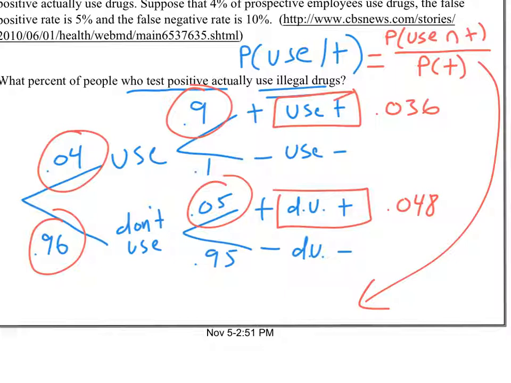Those two numbers together, that needs to form the bottom. And now on the top, I just need the individuals that fit both. Just the individuals that fit both, which I believe is them. They're using, and they tested positive.